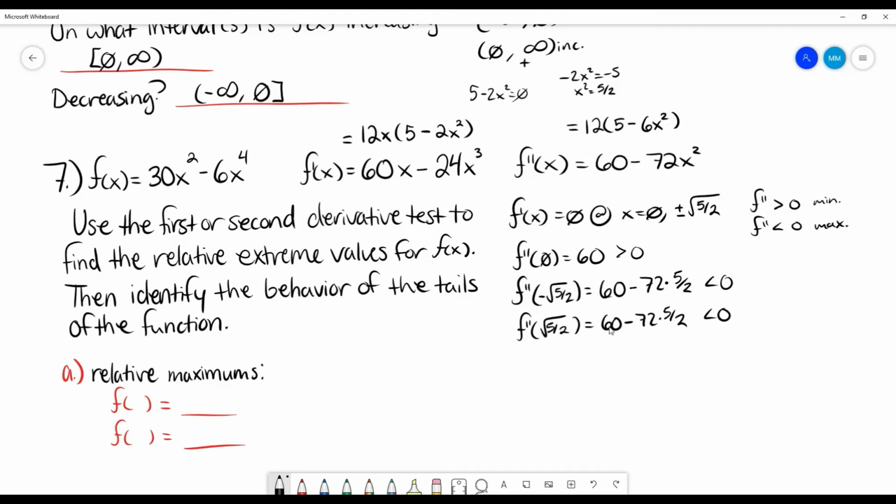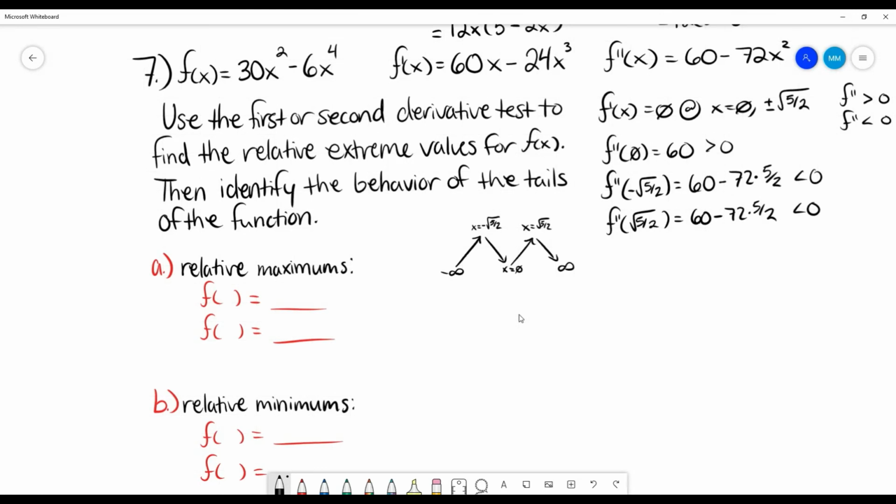So let's see, I've got a maximum here, so it's increasing up to here, and then it's decreasing to my minimum of 0. And then it's increasing again to my next maximum, and then decreasing to infinity.